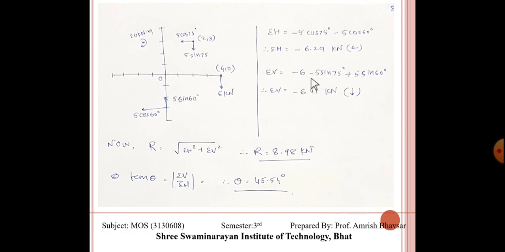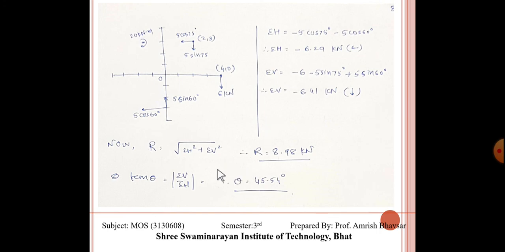So again we will get sigma v is equal to minus 6.41, so it is downward. Now from these two we will get R and theta. Clear? R is equal to the square root of sigma h square plus sigma v square. So R is equal to 8.98 kilonewton and theta is equal to 45.44 degree. So we have R, the magnitude, and the direction, that is theta.